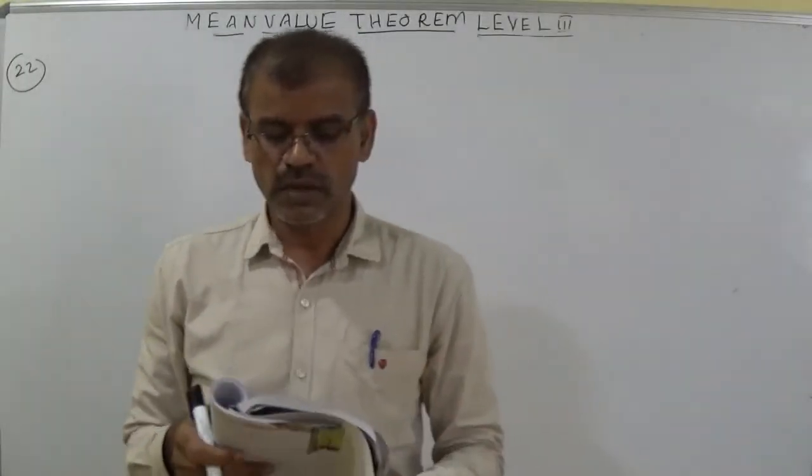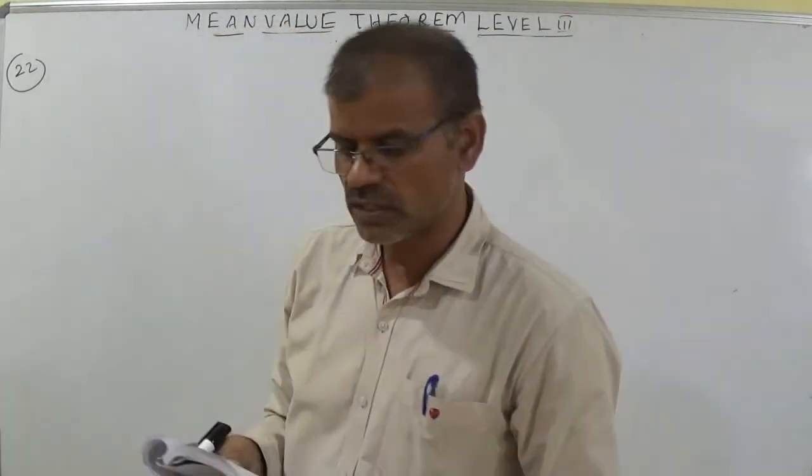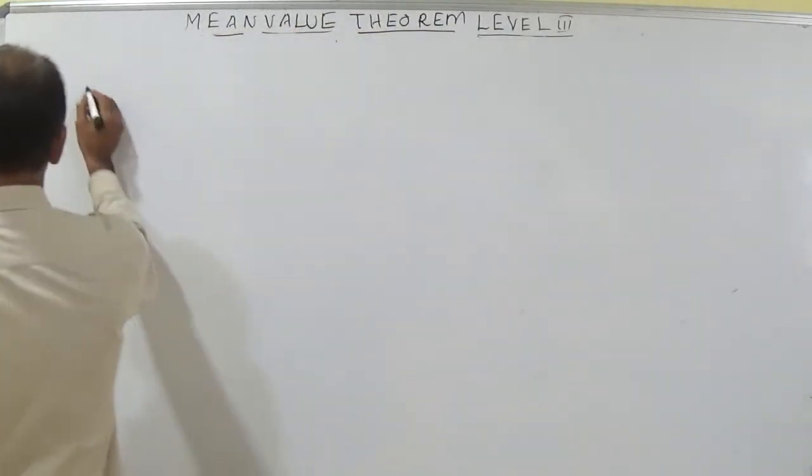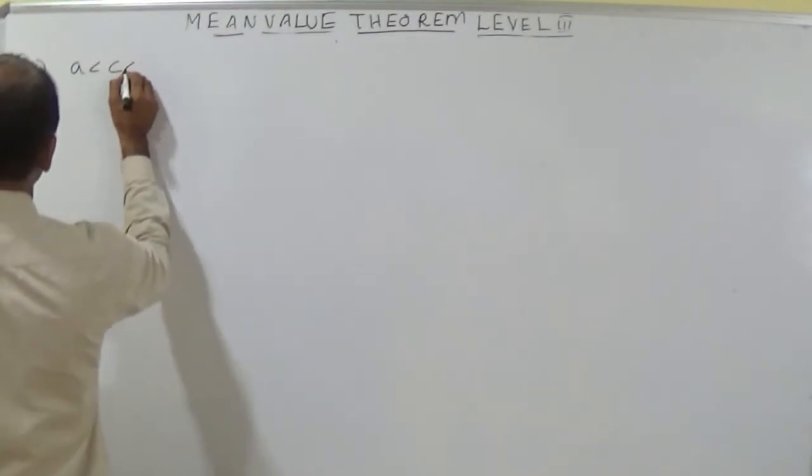Now let us discuss the 22nd sum. If the functions f of x and g of x are continuous on the closed interval a comma b and differentiable in the open interval a comma b, then there exists at least one c such that a less than c less than b.